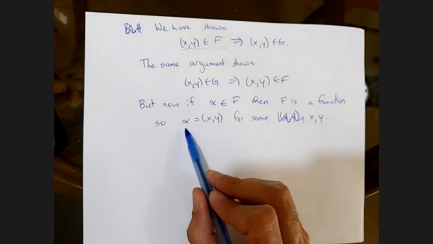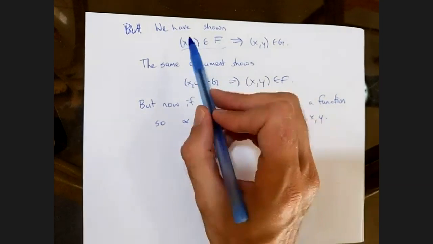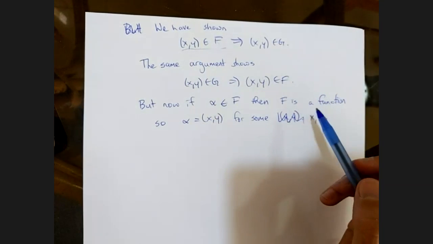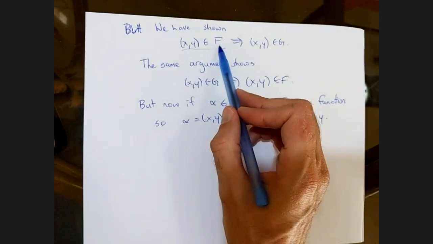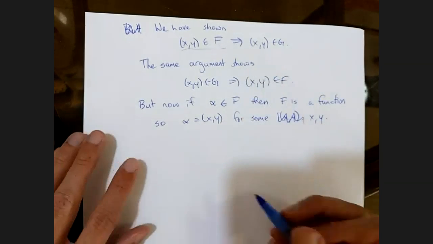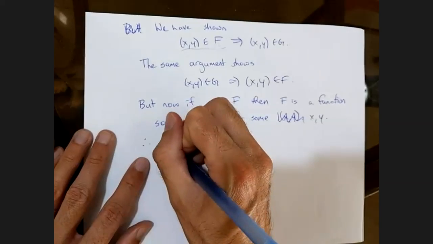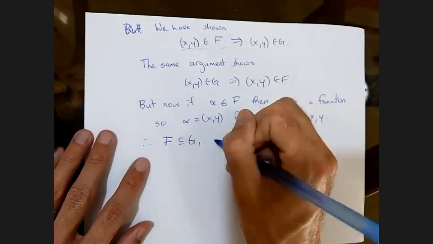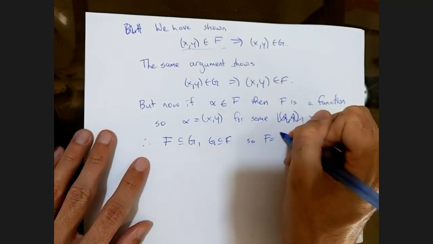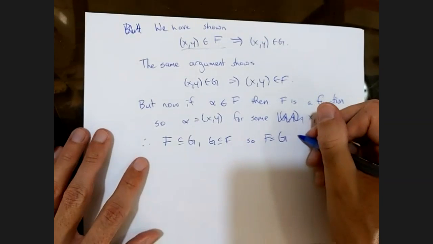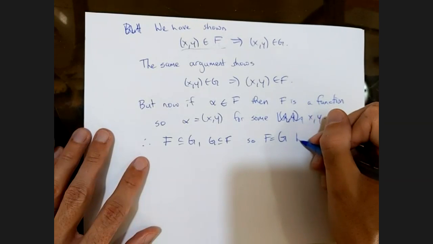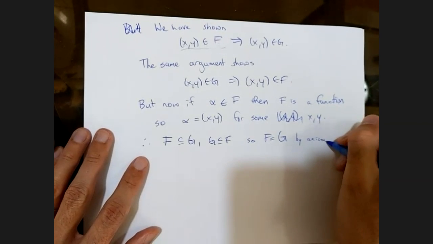So because all the elements of F are ordered pairs, and because we've shown that every ordered pair of F is an element of G, that tells us that all the elements of F are elements of G, and all the elements of G are elements of F. So therefore, we can say that F is a subset of G, and G is a subset of F. So F equals G, and if you want, this is by the axiom of extension, but normally I wouldn't say that, but you know, we can say by axiom of extension.